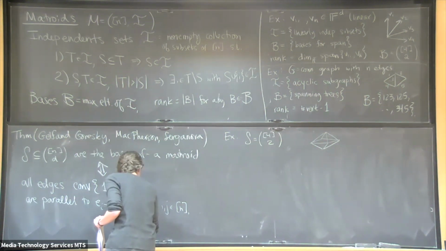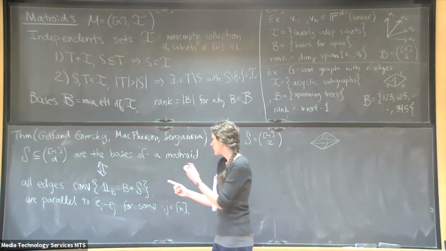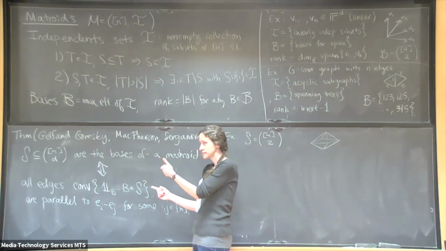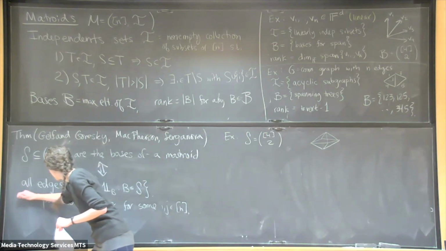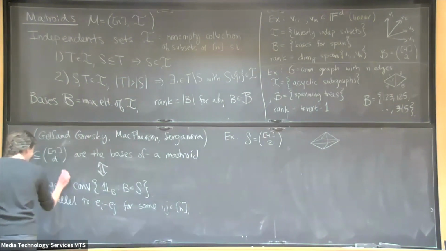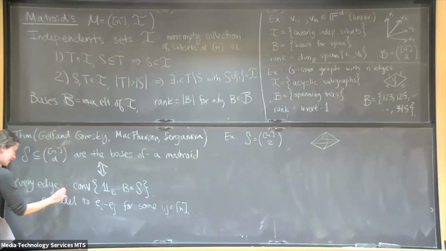No, for some. All edges. If I look at any edge, any edge has its particular identity. Every edge is parallel, yeah, sorry. Not all of them are in the same direction. Every edge is parallel to e_i minus e_j.